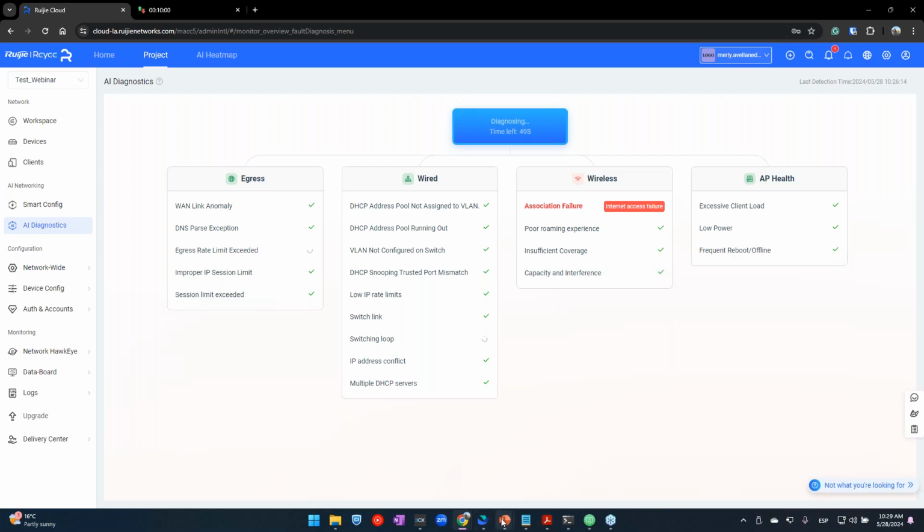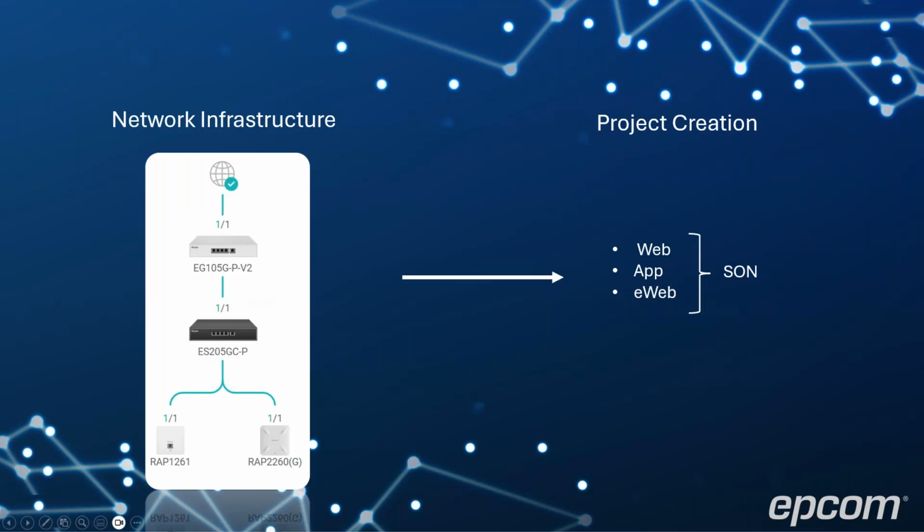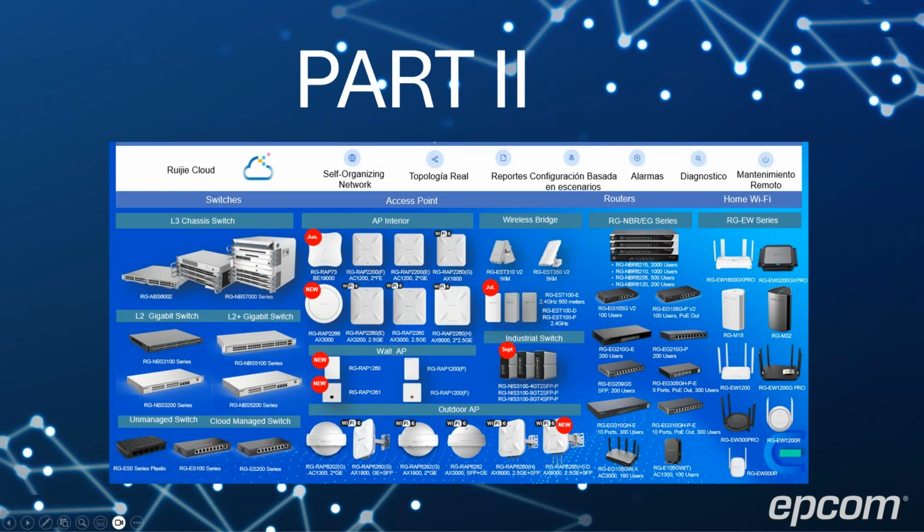So let me enter the second part of our course. The second part is the devices. So we will split this part in switches, access points, and routers, because we have one switch, one router, and two access points in our network infrastructure.